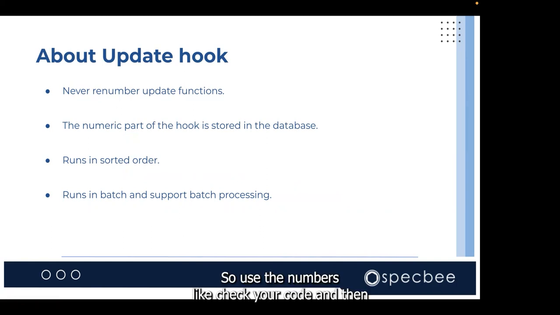Check your code, and don't reuse the same update hook name. And it runs in a sorted order. Imagine there's 9201, 9202, 9203, and that's the order it is run. It runs in a sorted order, and it runs as a batch process.